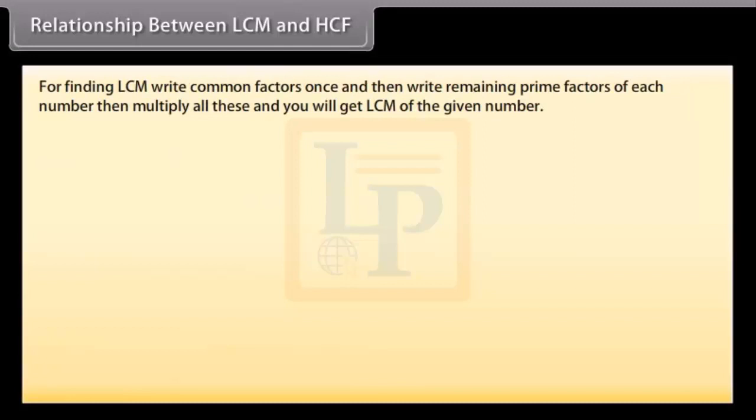For finding LCM, write common factors once and then write the remaining prime factors of each number. Then multiply all these and you will get the LCM of the given numbers. 510 is equal to 2 × 3 × 5 × 17. 276 is equal to 2 × 2 × 3 × 23.